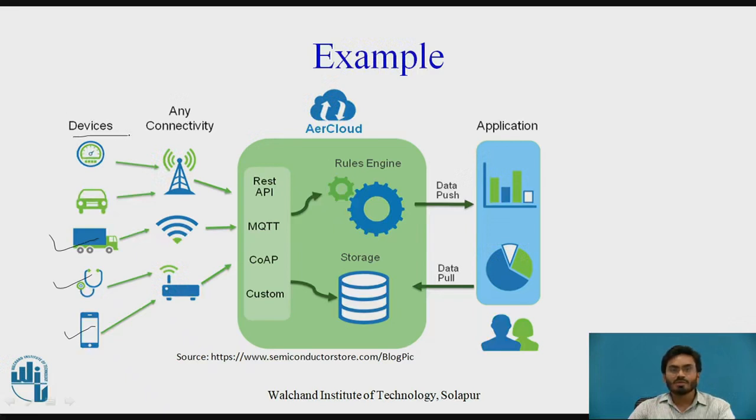Apart from this, in the second layer, what we have is connectivity. I mean, whatever sensors we affix inside these devices are supposed to sense data, maybe regarding the environment, or the physical conditions of your vehicle, or the physical condition of a patient, or some of the positioning systems of your cell phone. It could be anything.